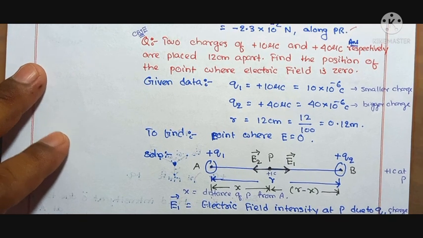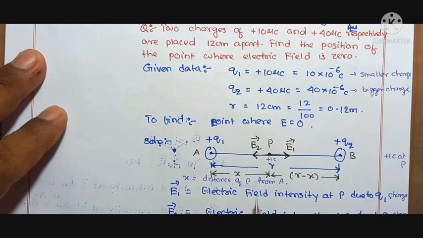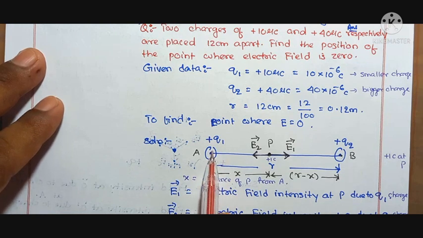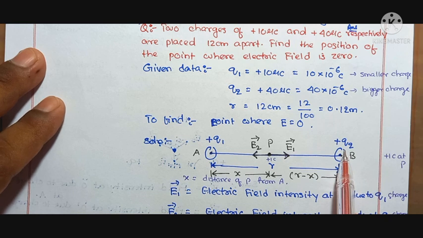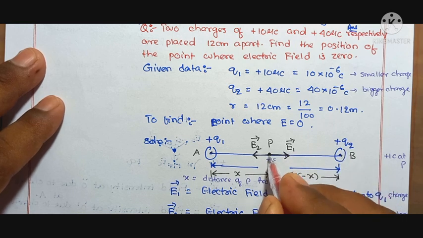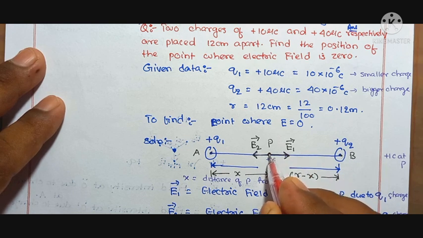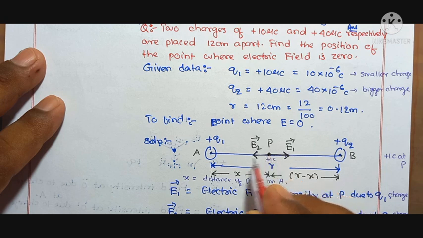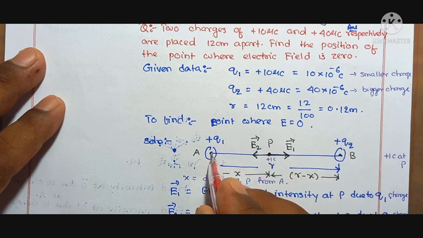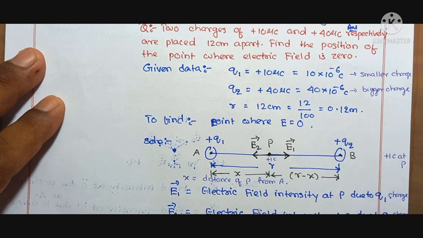So this is the Q1 charge, it is also a positive charge. This is the Q2 charge, this is also a positive charge. Consider a point P between the charges, and this point is at a distance x from this charge.